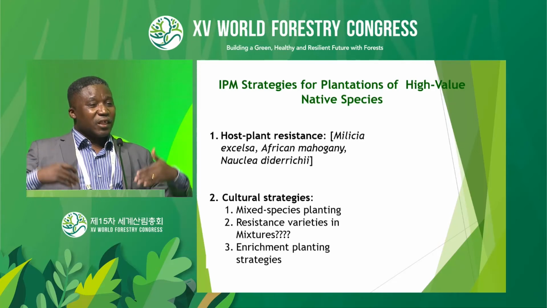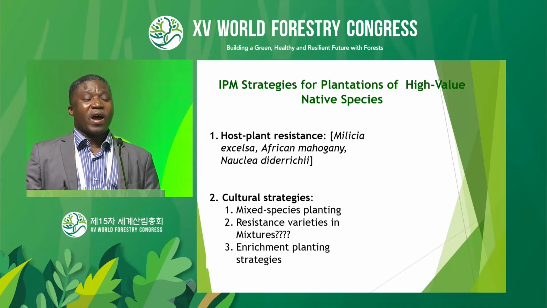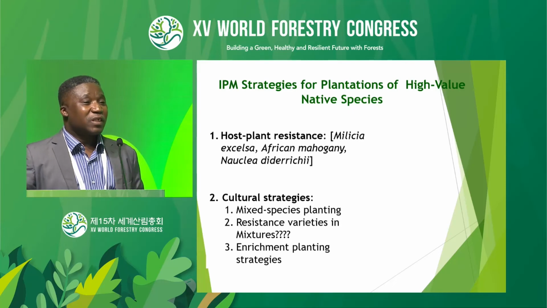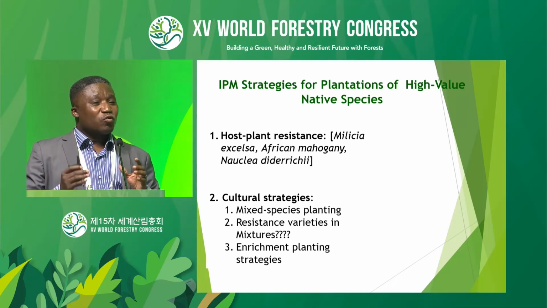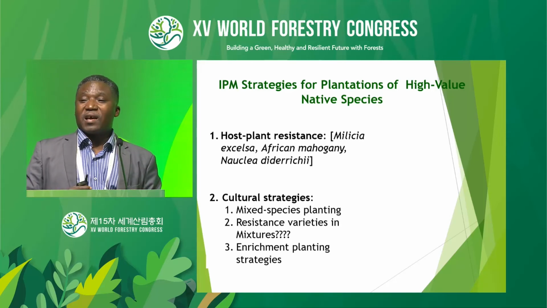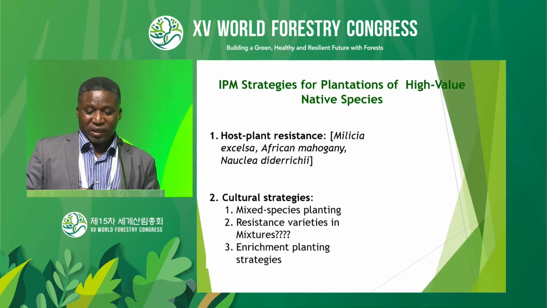So why don't we just introduce these species in a mixed form? We have conducted trials using a 5 species mix, 10 species mix, and it's a way to keep the trees very close to their natural environment. And we've seen a considerable degree of success.